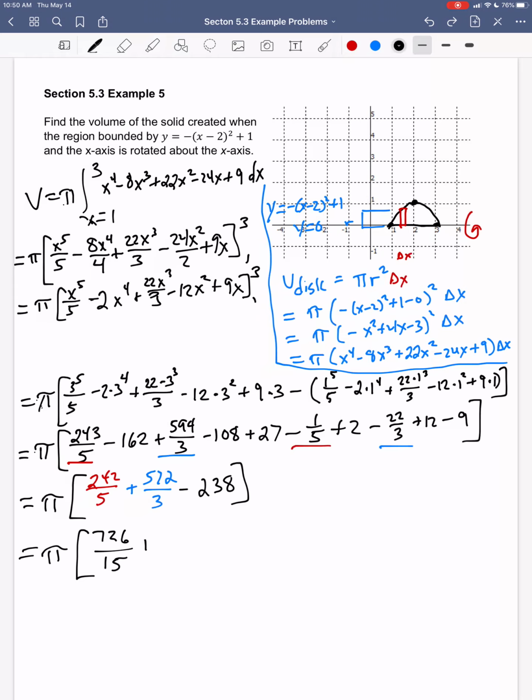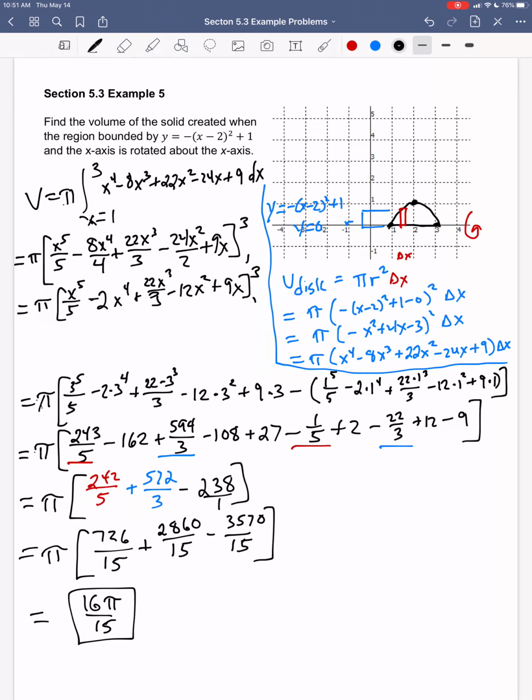So 572 over 3. If I multiply top and bottom by 5, that gives me plus 2860 over 15. Sorry about that. And then that over 1, I multiply top and bottom by 15. 238 times 15 is 3570. And when all this clears, I add those together and I subtract, and I get 16 pi over 15 for the volume of that region.